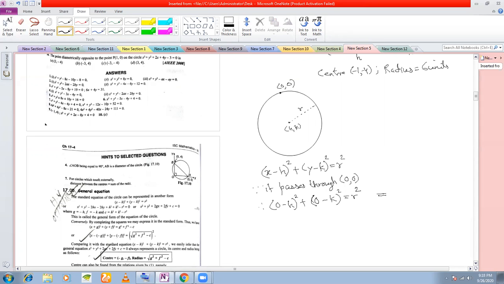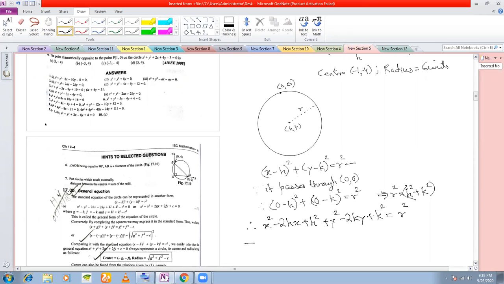So from this you get r square is equal to h square plus k square. Now putting this value of r square in the equation of the circle, if you expand first, you have x square minus 2hx plus h square plus y square minus 2ky plus k square equal to r square.